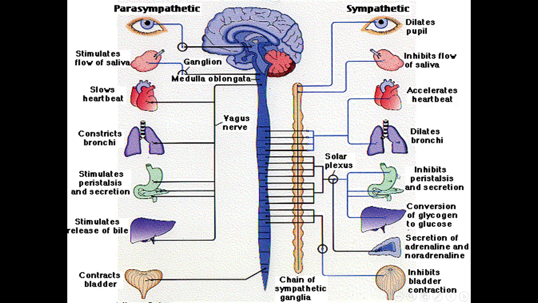Also, there is inhibition, and the secretion of adrenaline or epinephrine from the adrenal gland, and inhibition of contraction of the bladder, so the bladder is relaxed. This is about the sympathetic nervous system.